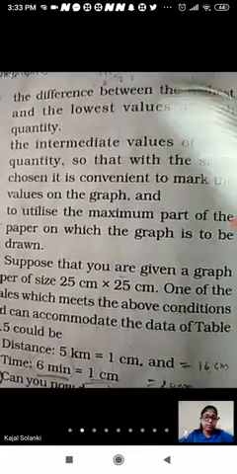Okay, so when you select the scale, you have to keep these 3 points in mind: the difference between the highest and the lowest values of each quantity.